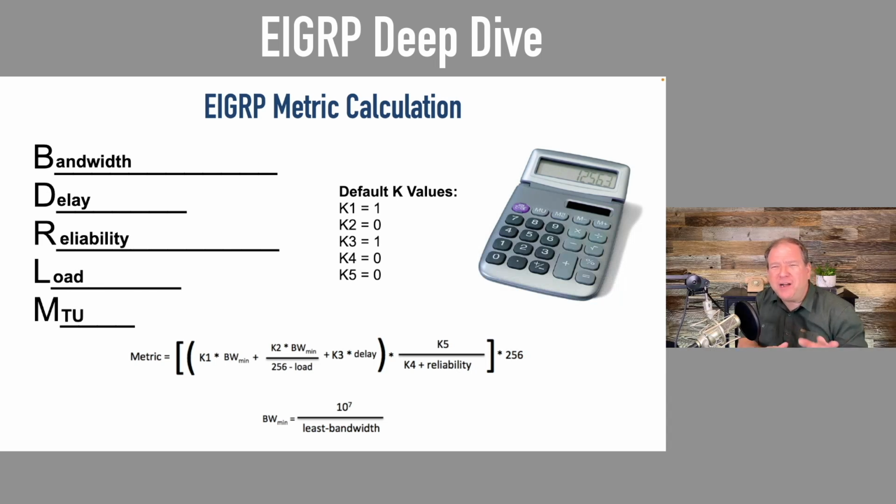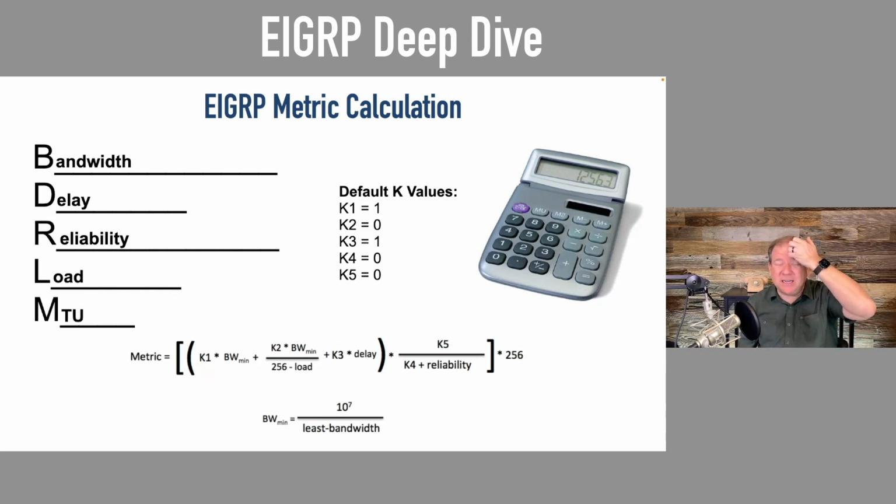And if you plug and chug, you'll see that with all these zeros, a lot of this equation just kind of disappears. In fact, if you're really attuned here, you might notice that, hold on, Kevin, K5 defaults to 0. K5 divided by K4 plus reliability, that's going to be a 0, and we're multiplying, everything's going to be a 0 by default. There's an exception to this formula. This is the official formula, but there's a caveat.